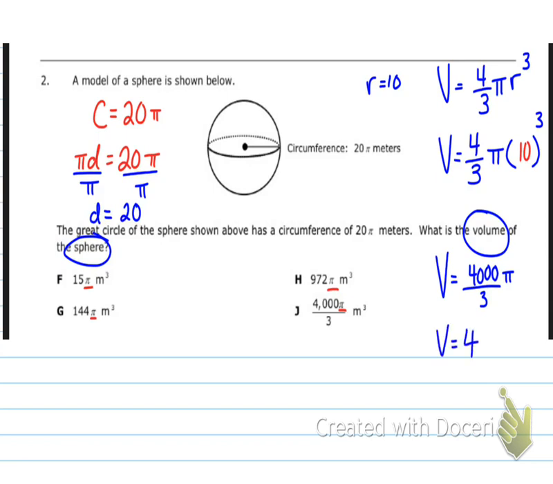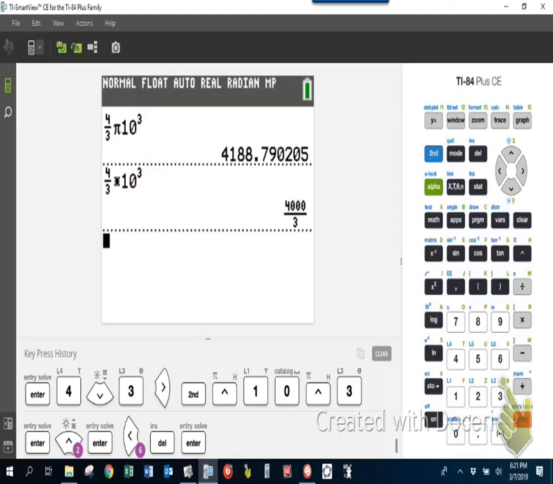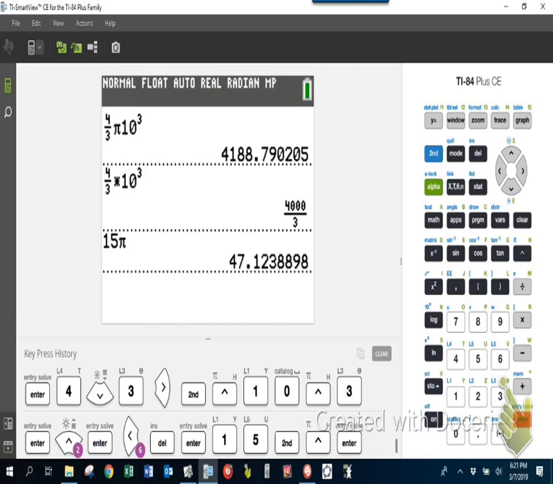Now, my answer here isn't wrong. This is right. And if you wanted to, what you simply could do is work out all the answer choices. So if I do 15 pi, I check A, so what's 15 pi? Notice this is what it would have given me. Then I can go check G. Notice I'm trying to get 4,188.